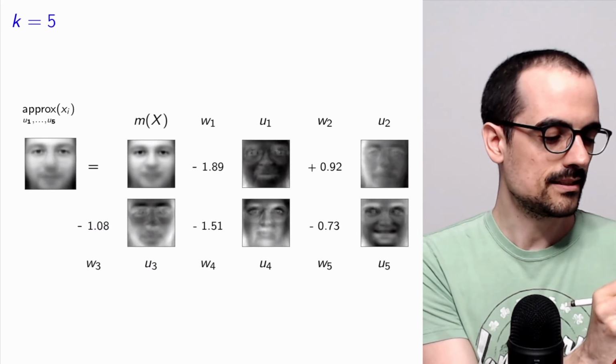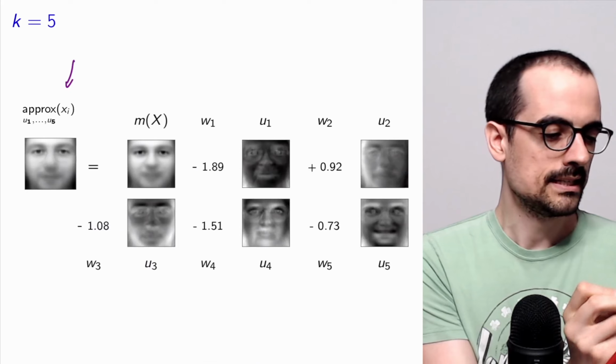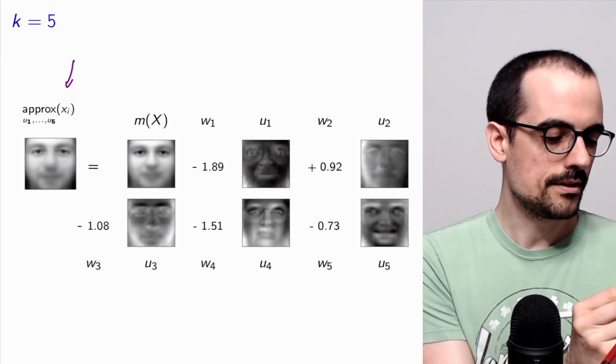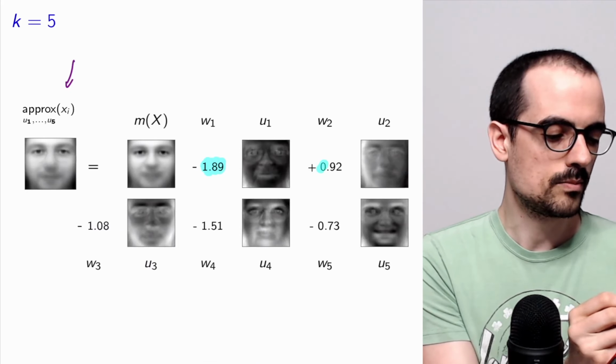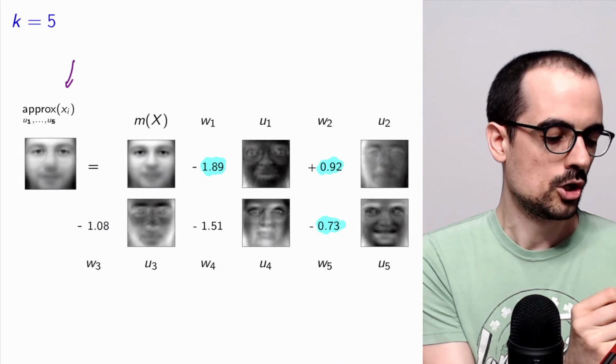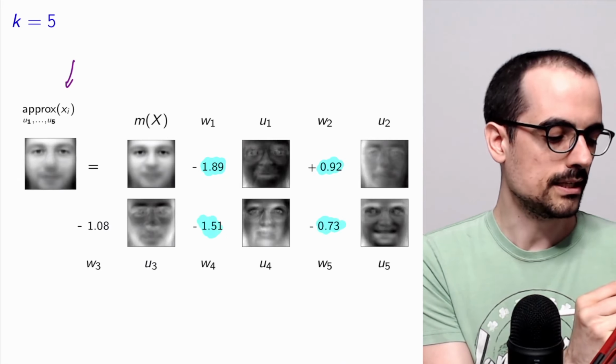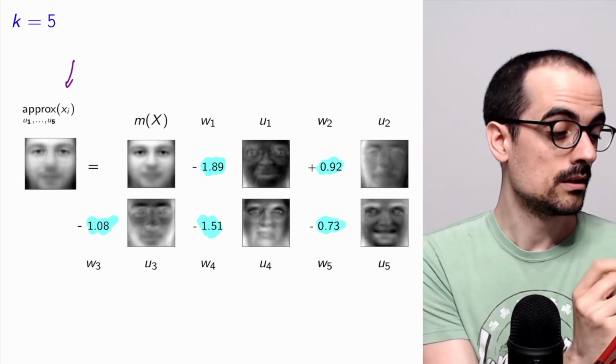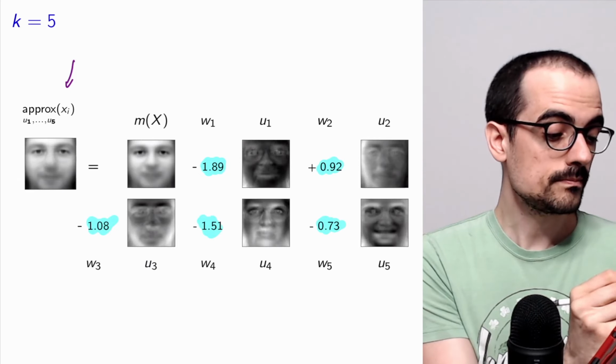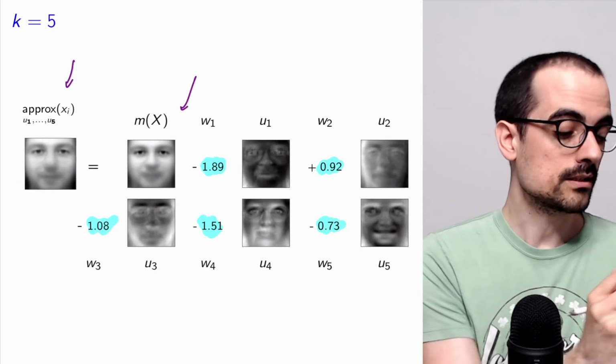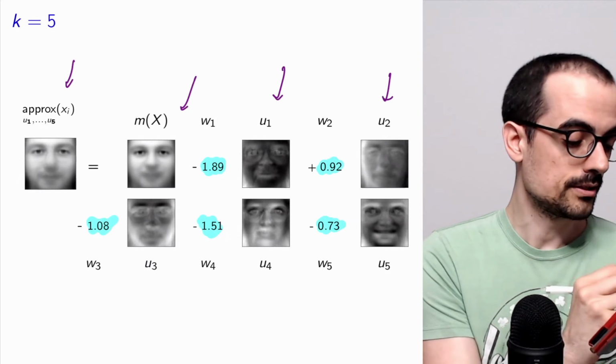So this is the approximation corresponding to these 5 principal components, obtained by taking the corresponding data point, centering it, removing this guy, and then taking inner products with each of the principal directions.